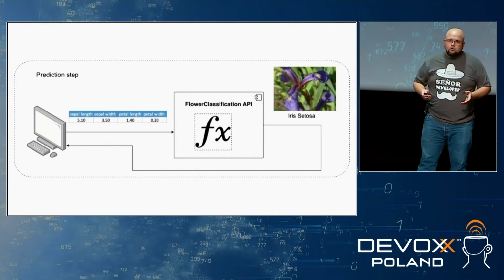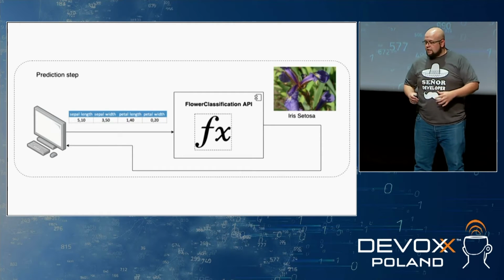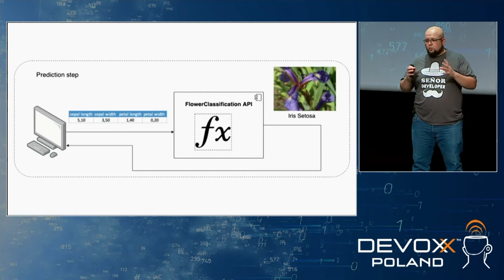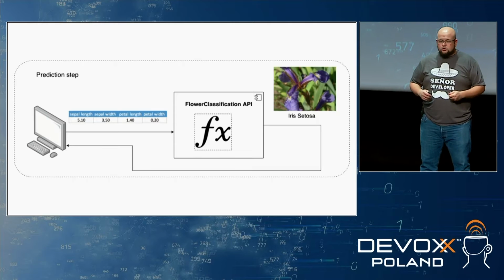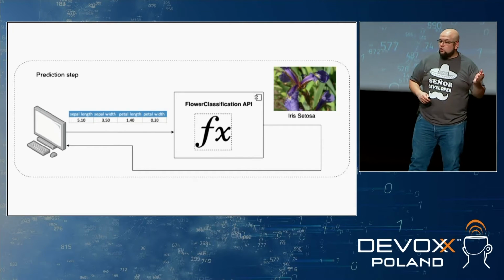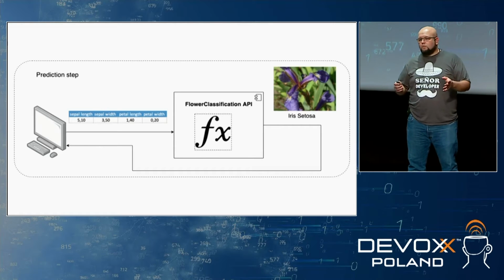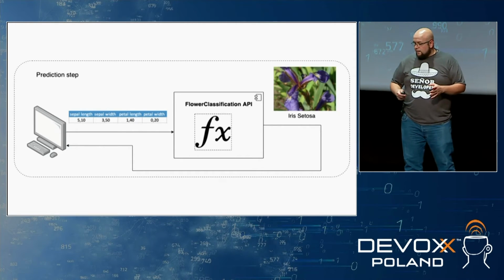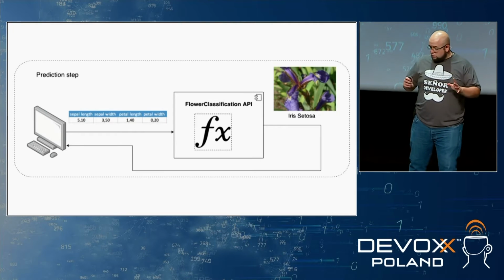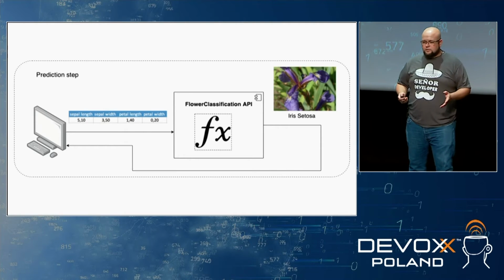So that's it. You could use this class, and you could, for example, wrap it into a REST API so that everyone on the internet could provide the measurements, and then this program will tell them what kind of flower they got.